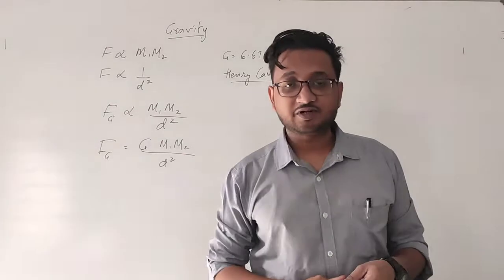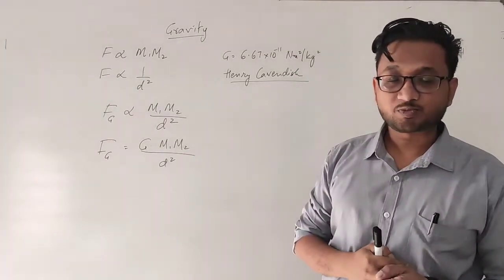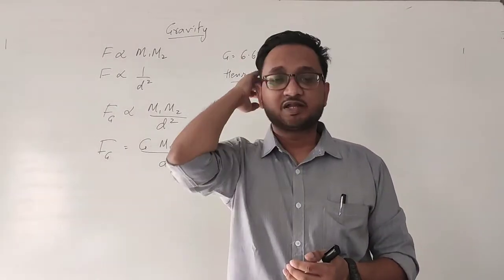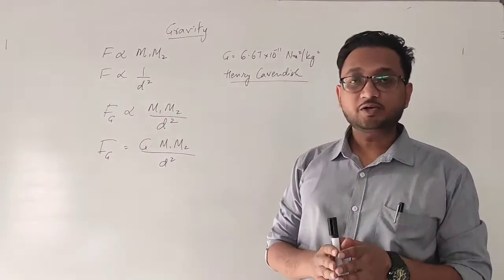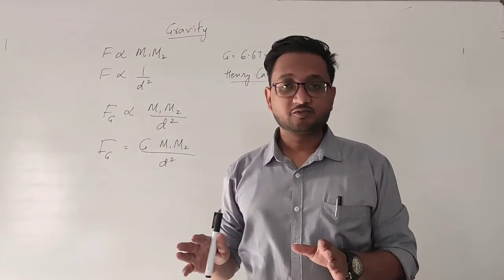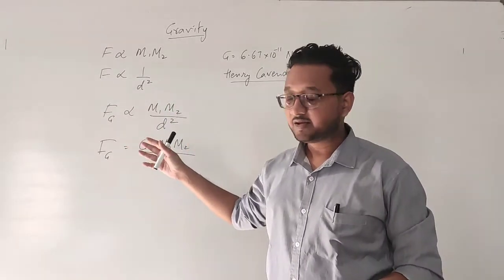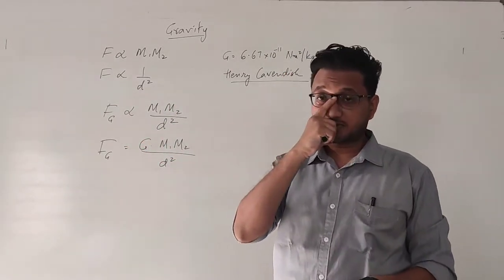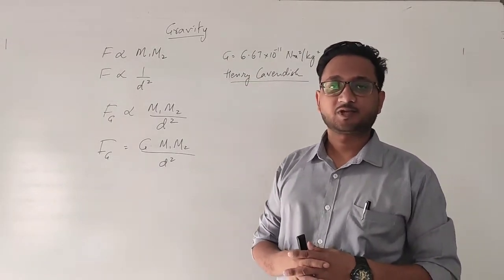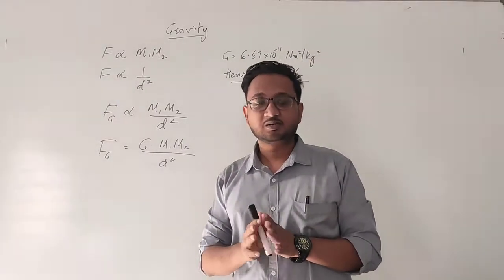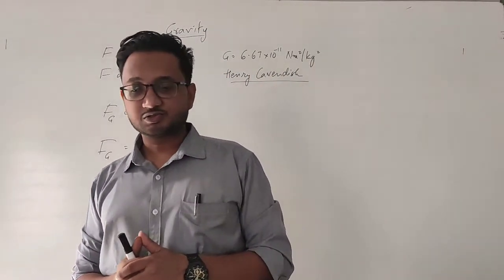Its value does not change in the universe. Whatever the values of masses and the distance be, the gravitational constant always remains the same anywhere in the universe. Okay. Not just on the surface of Earth, but anywhere. I hope this much is clear to you, students.